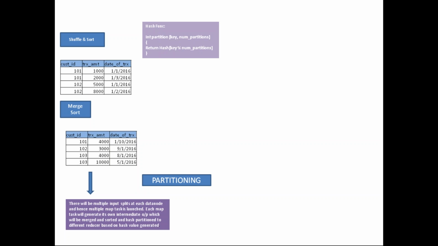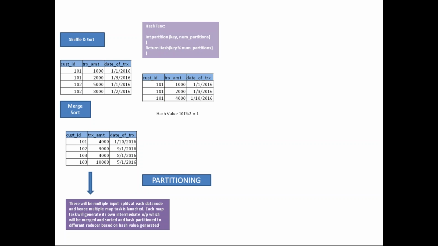Let's say for the sake of understanding, you have two reducers. It will take the customer ID 101 and mod it with 2. You'll get the hash value, customer ID 101 mod 2, which gives 1, the remainder.